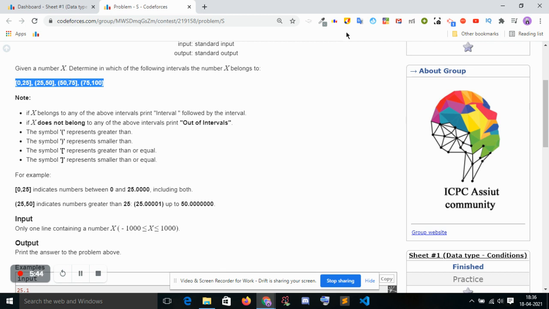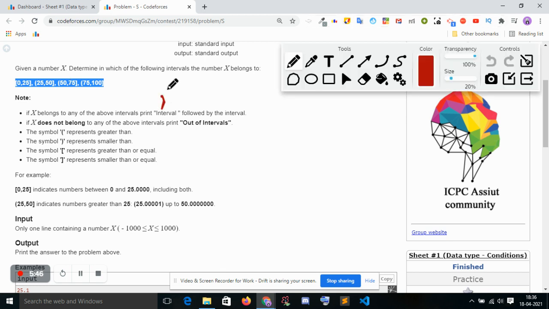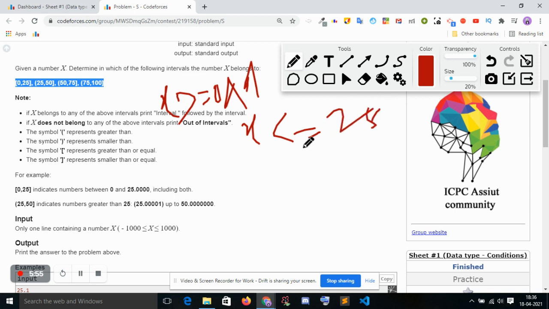We write: if x is greater than or equal to 0 and x less than or equal to 25, the answer should be this range.